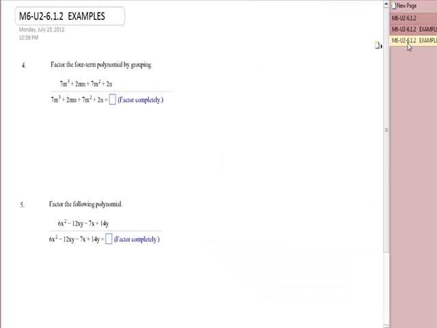All right, let's see what else we've got. We've got a few more. I've got 7m to the third plus 2mn plus 7m squared plus 2n. All right, in the first group, I did make an m with an extra hump, but there we go.